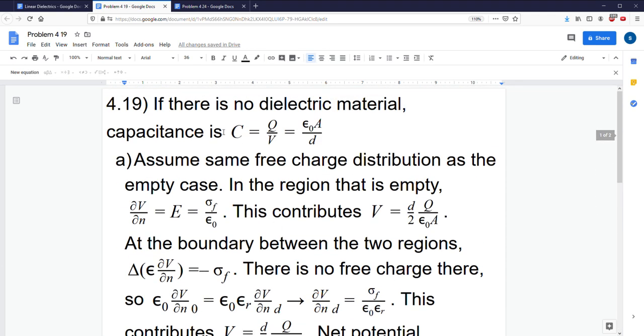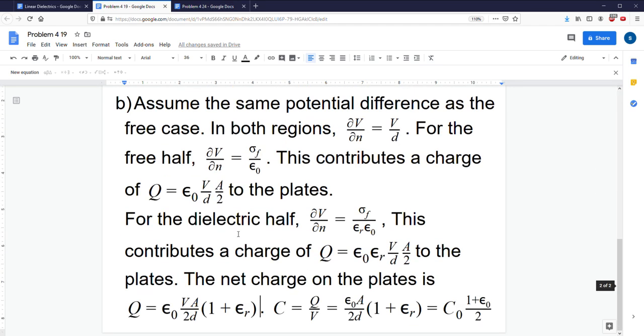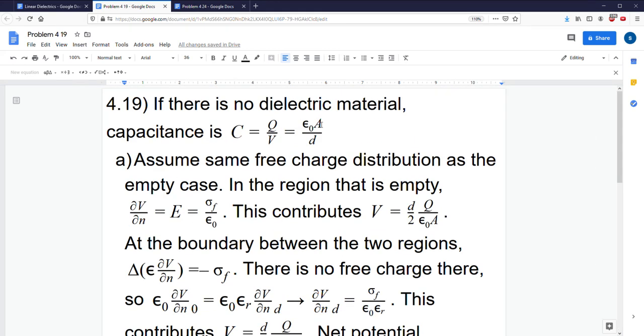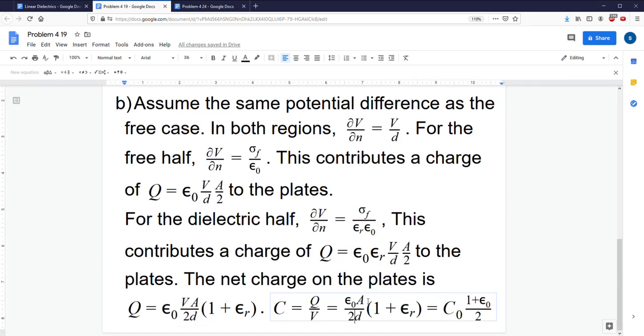Again, we use the definition C is equal to Q over V. So we have Q over here, divide by V, and that just means we get rid of that. And we get that capacitance is epsilon naught A over 2D times 1 plus epsilon R. Again, C naught is just epsilon naught A over D. We pull the epsilon naught A over D out, call it C naught, and we see that C naught is multiplied by the quantity 1 plus epsilon R over 2.